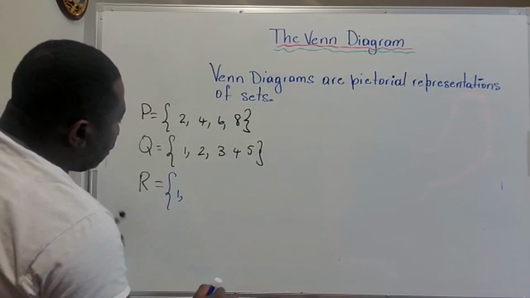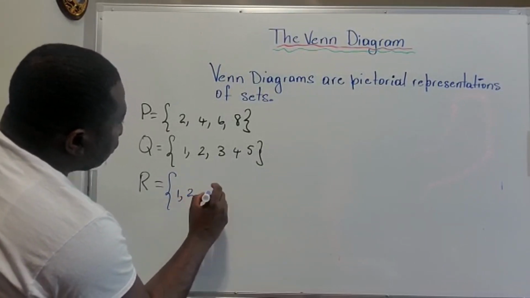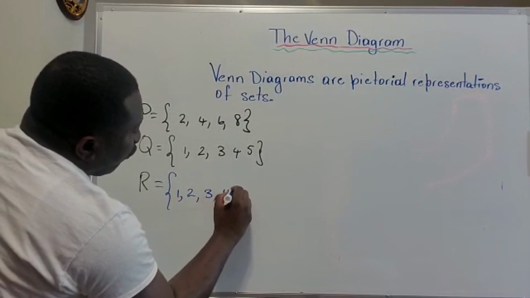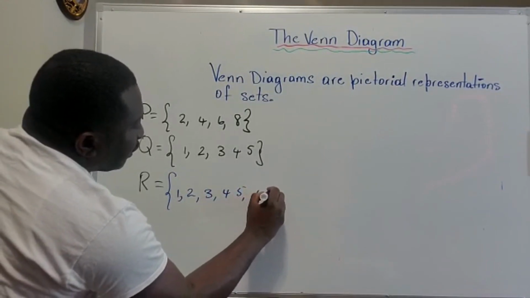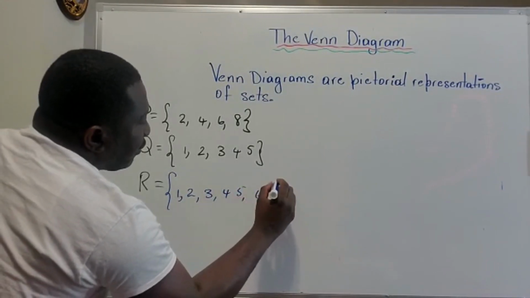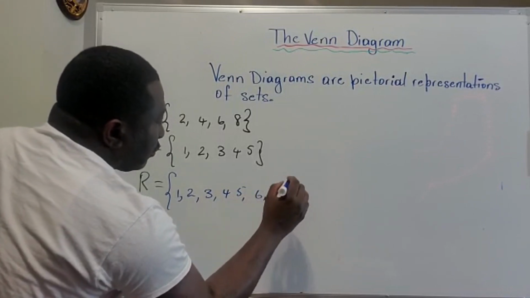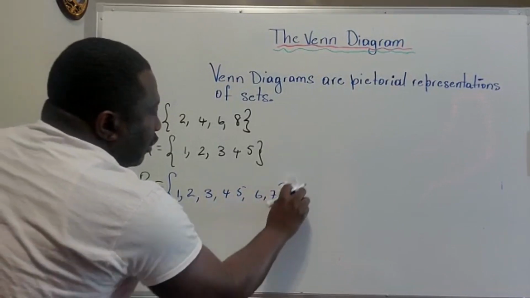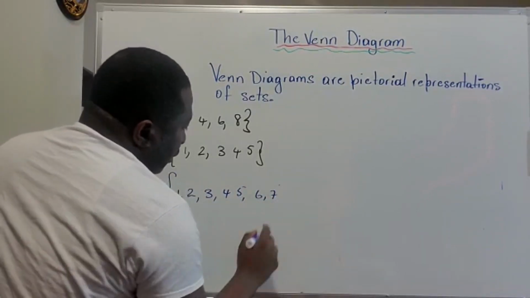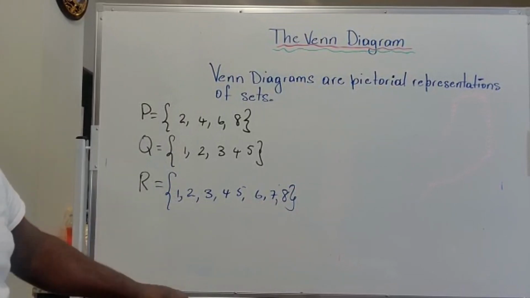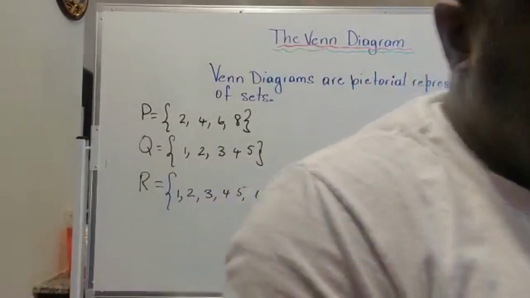Let me use 1, 2, 3, 4, 5, 6, 7. And I'm going to put 8 in this one. So guys, look what we have on the chartboard.